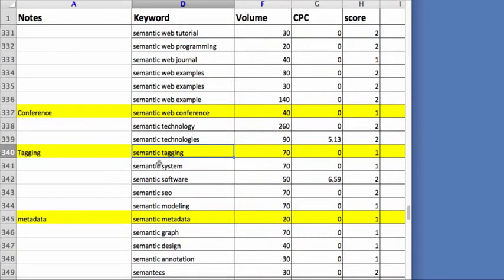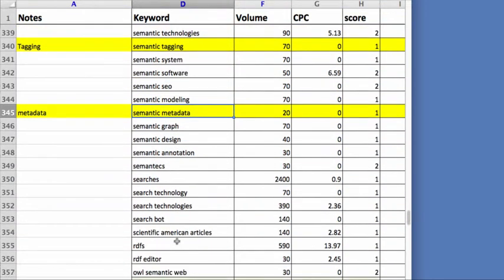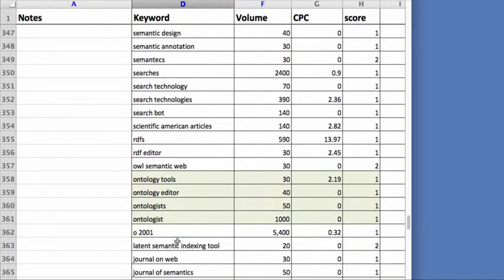Tagging, that's important because there is structured markup that is done for providing information to Google to help them structure data. And tagging is something that would probably be a way of describing some of that. Semantic metadata, another way of understanding how you could provide information that would contain a more structured way of understanding the semantic information on the web.